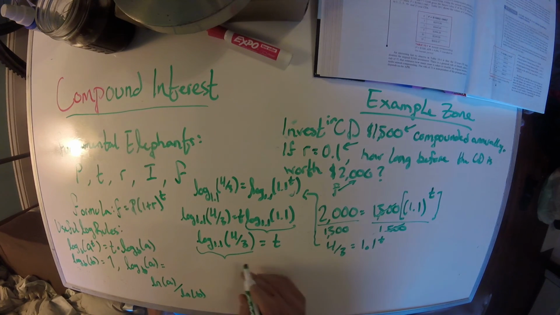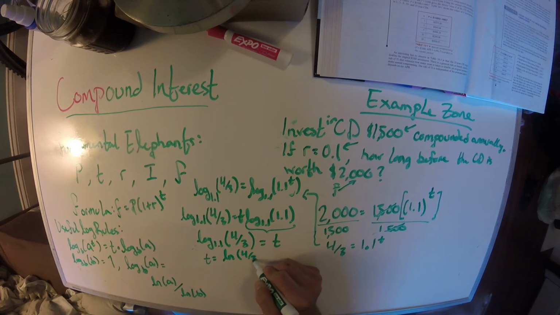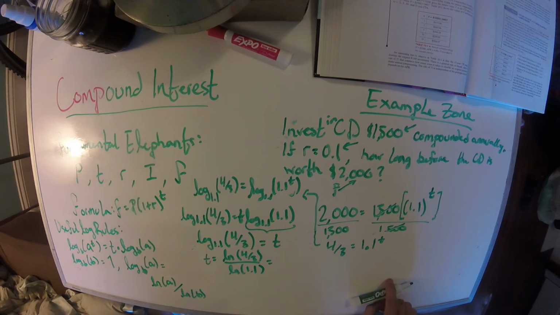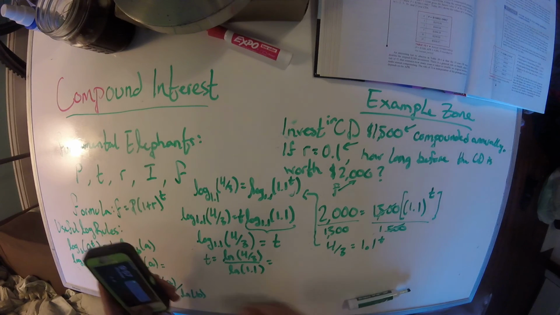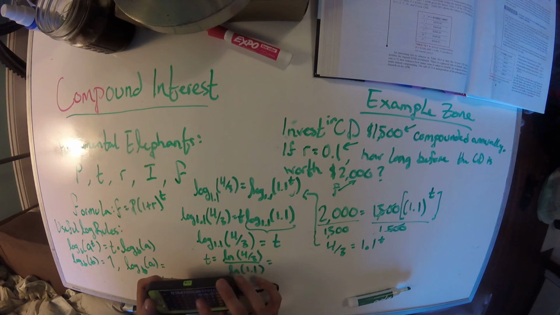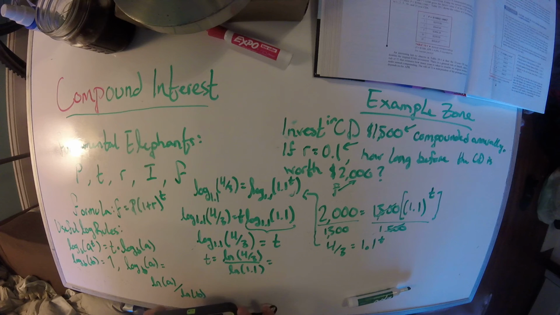So that's what I'm going to use next. t is equal to the natural log of 4/3 divided by the natural log of 1.1. And that I can plug into my calculator a little bit more easily. So let's give that a try. 4 divided by 3, natural log.